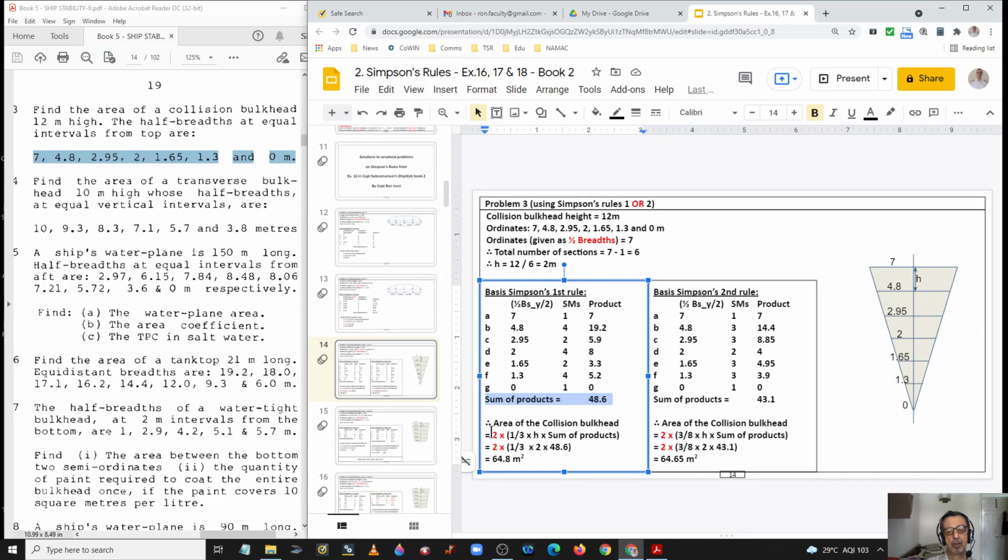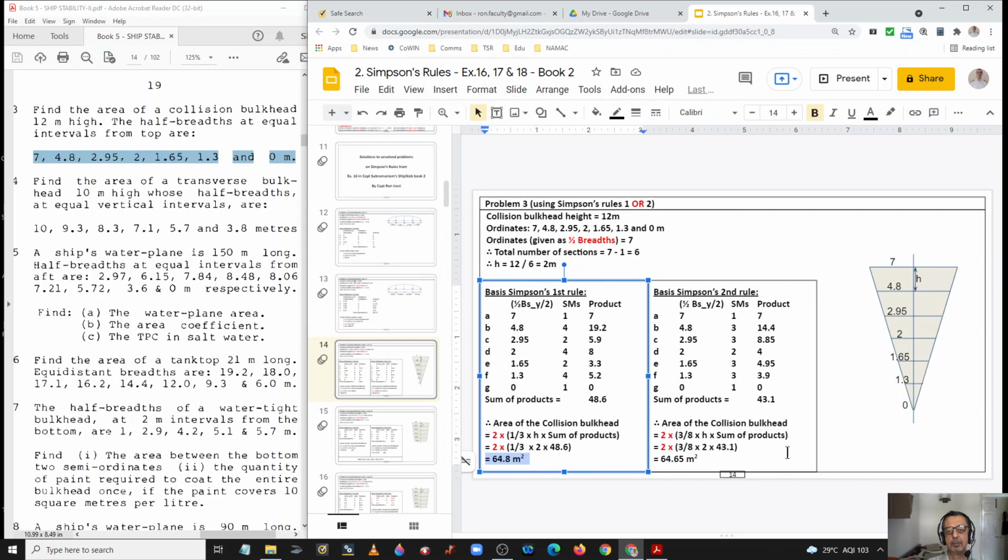Thus, when we substitute the values, we have 2 multiplied by 1 upon 3 multiplied by h, which is equal to 2, and the sum of the products is 48.6, thus giving us the area is equal to 64.8 square meters.